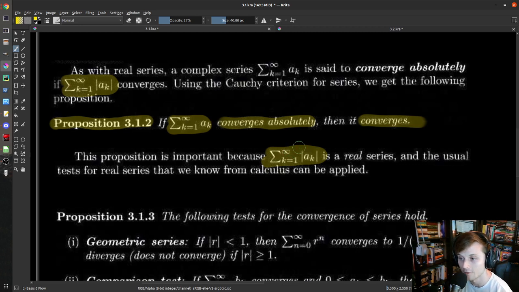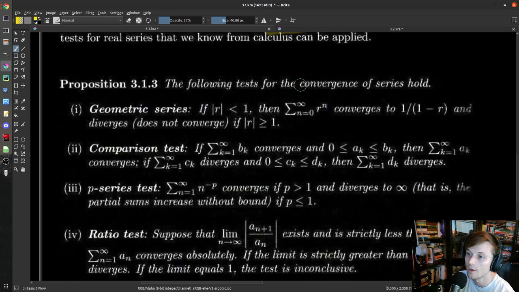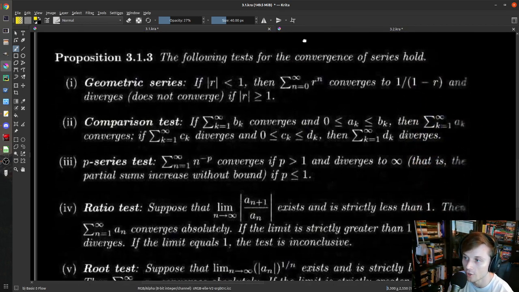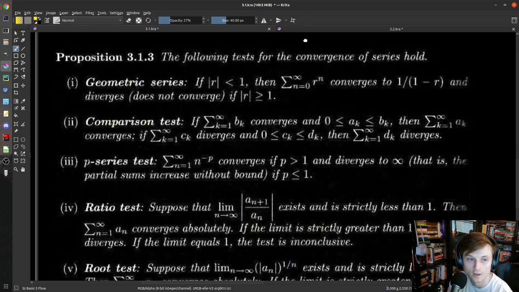That is, the sum of the moduli of these complex numbers is a real series, so the usual tests for real series apply. Kind of cool. All right, nice. So this gives us all of our good usual series tests.